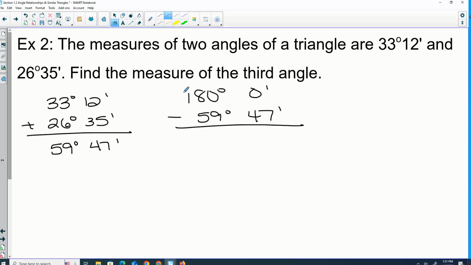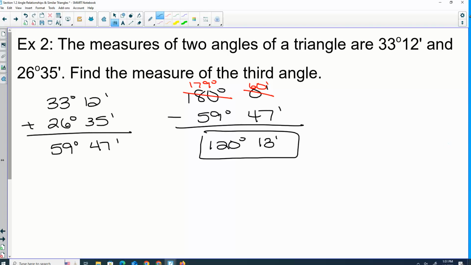So we have to borrow, make it 179 degrees, 60 minutes. 60 minus 47 is 13. 179 minus 59 is 120. So the third angle is 120 degrees 13 minutes.